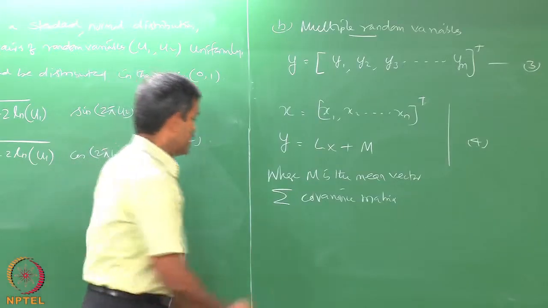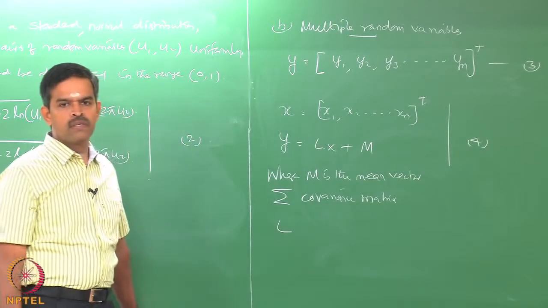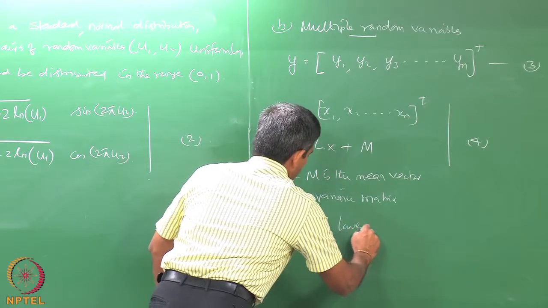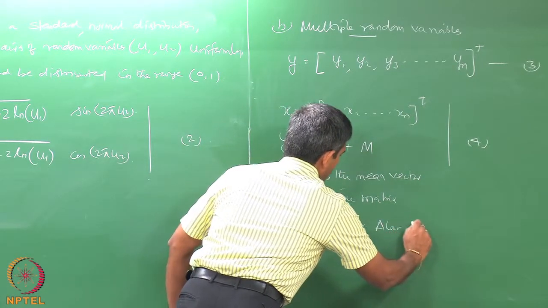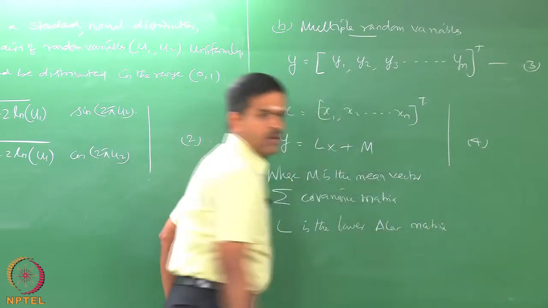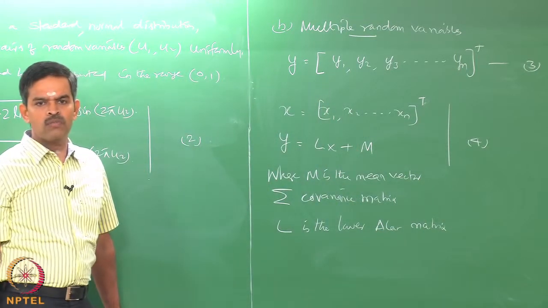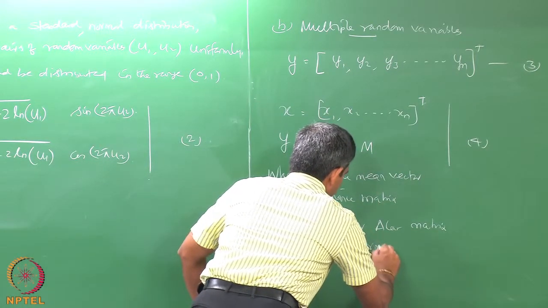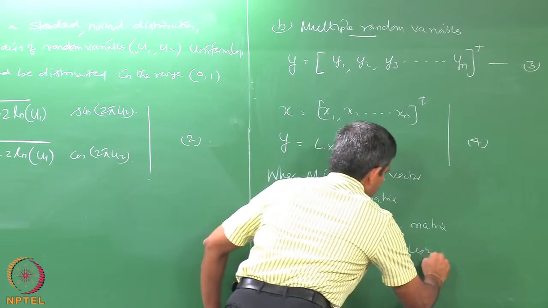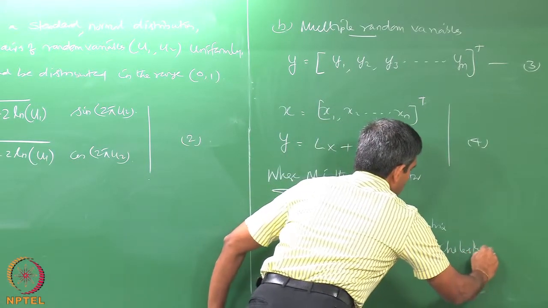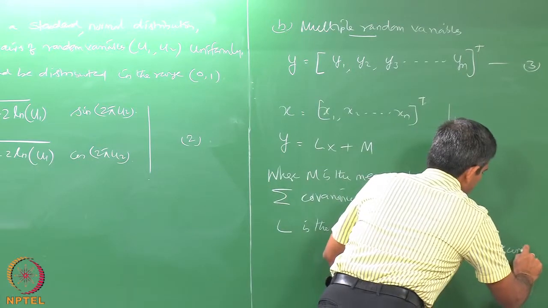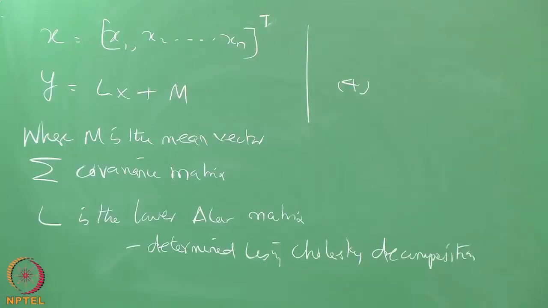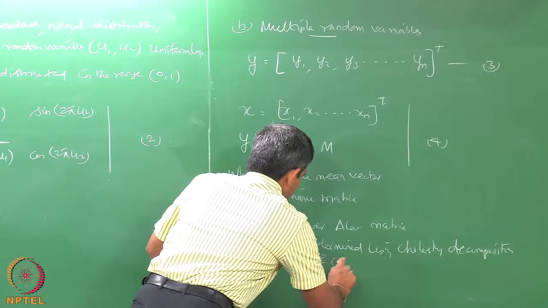In this case, L is the lower triangular matrix. This can be found out from Cholesky decomposition of the covariance matrix.